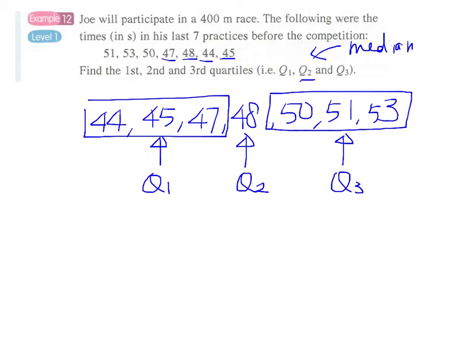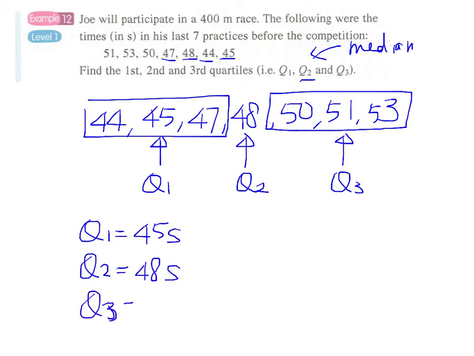So our final answer is Q1 45 seconds. Remember, don't leave out the unit here. Q2. Remember, this is Q2, not question number 2. 48 seconds. Q3, we have 51 seconds.